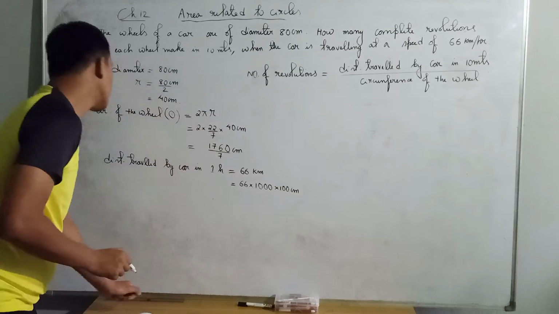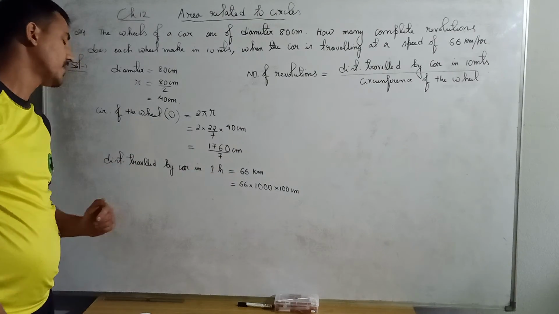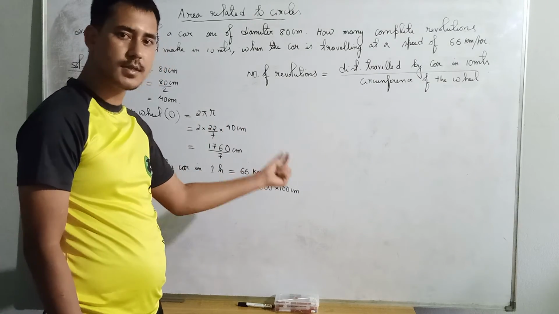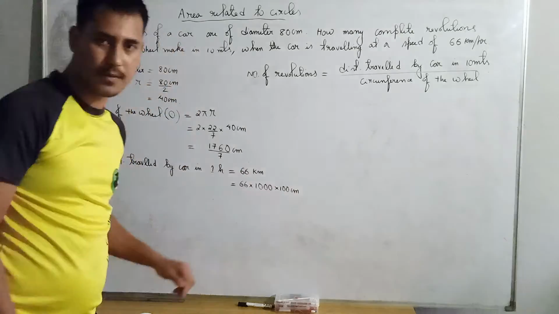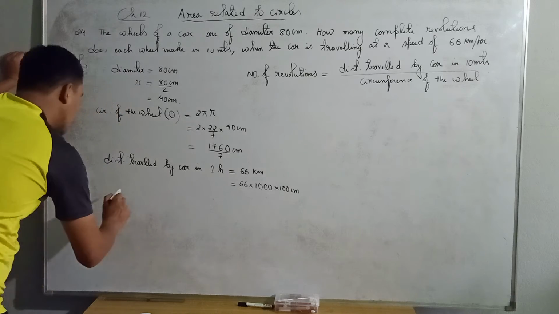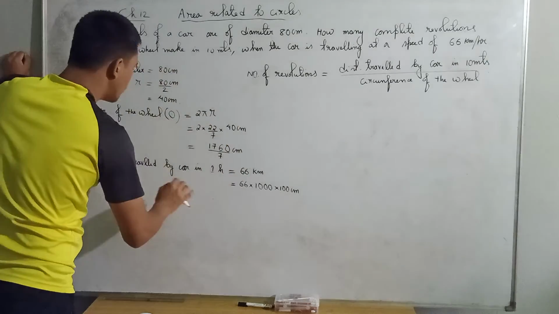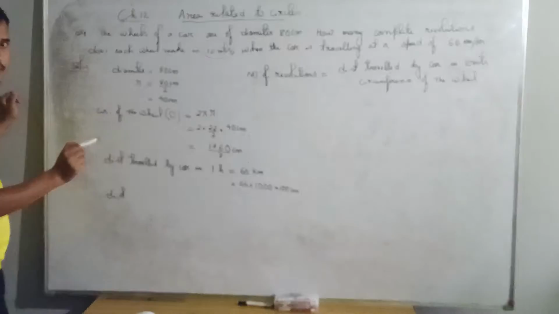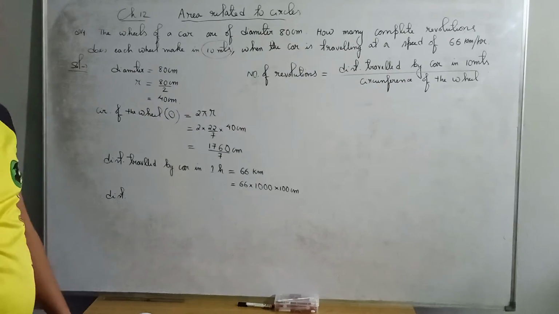So the distance traveled by the car in 1 hour is 66 times 1000 times 100 centimeter. But you don't need the distance for 1 hour, you need only 10 minutes.